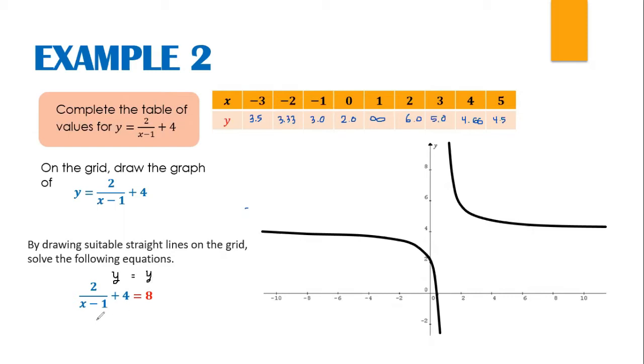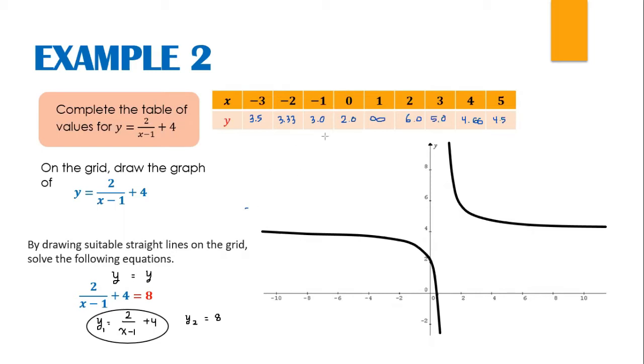So the first y is 2 over x minus 1 plus 4. This is the first y. And the second y is y equals 8. So we have two equations, right? This is the first one, and the other one is this one.